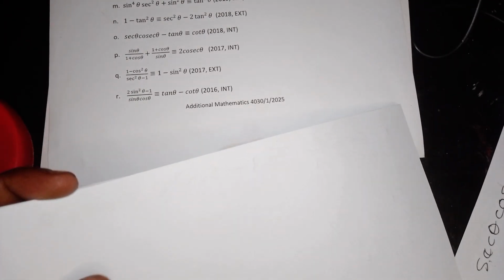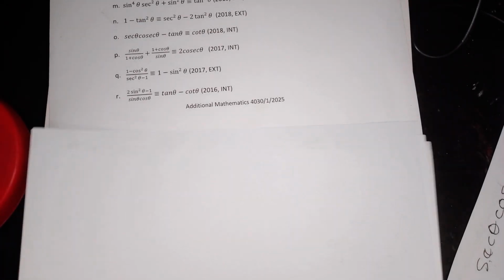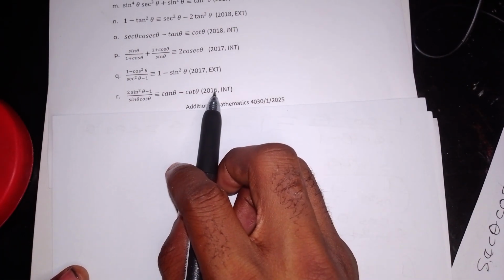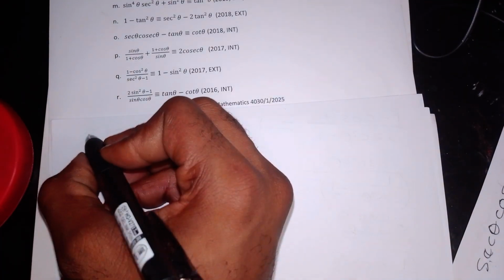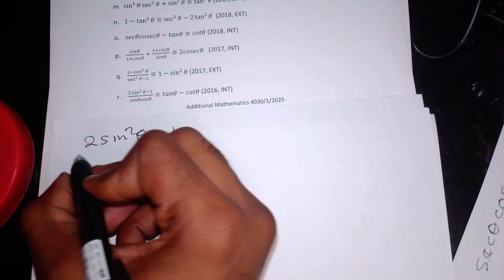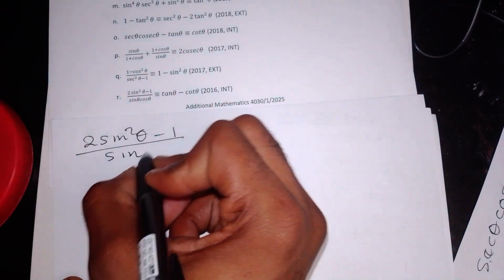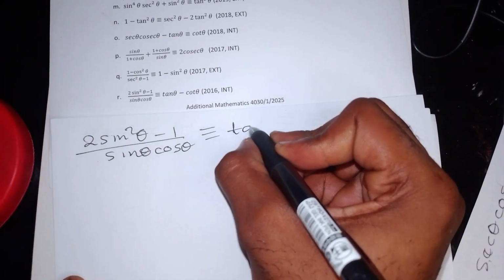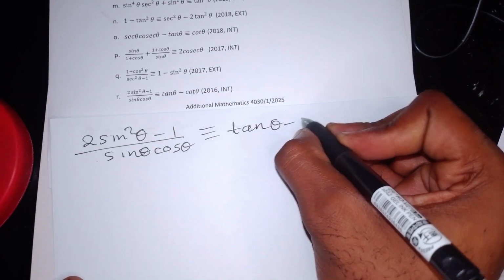The next one will be R, which is 2016. So for 2016, we have 2 sine squared theta minus 1 over sine theta cos theta, which is this.